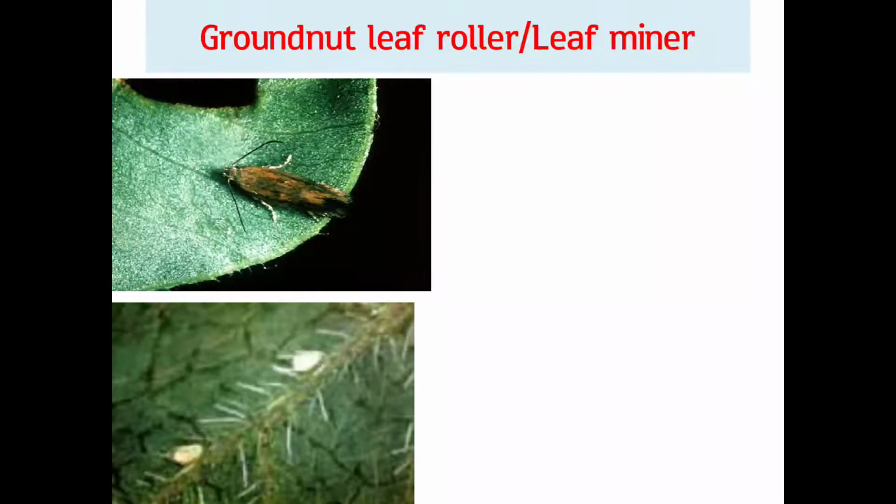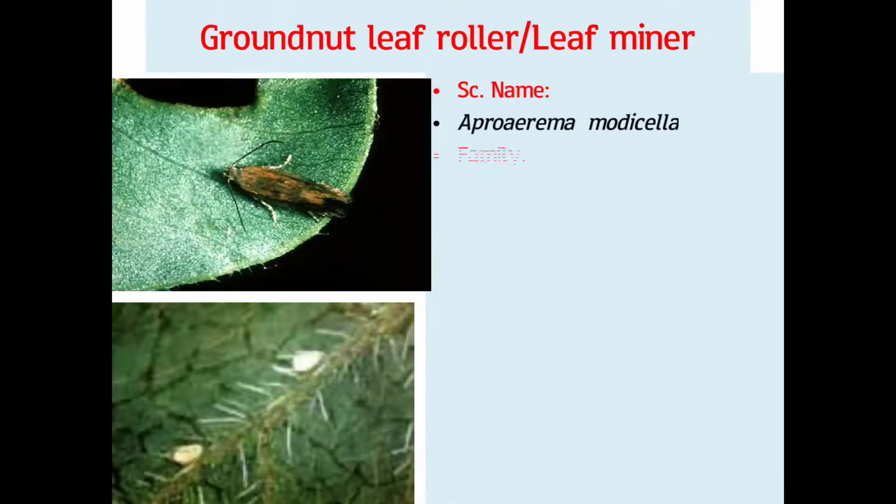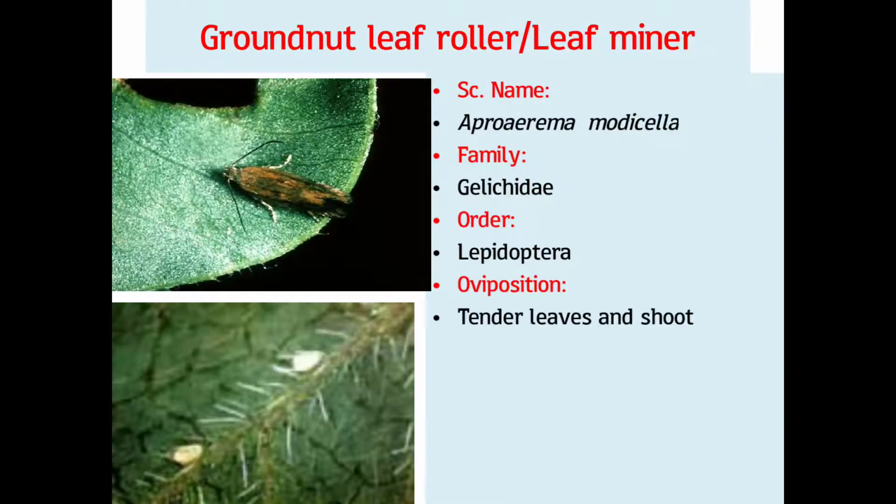Now the next pest of groundnut, the leaf roller, also known as groundnut leaf miner. Scientific name of groundnut leaf miner, Aproaerema modicella, family Gelechiidae, order Lepidoptera. Oviposition on tender leaves and shoots. Eggs are laid on leafy portions.